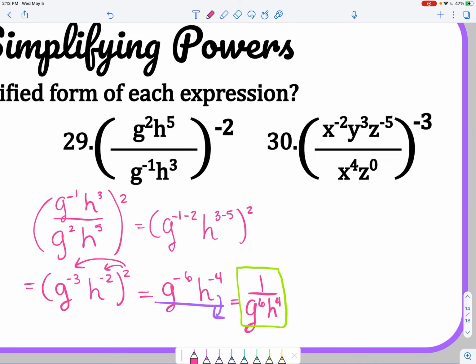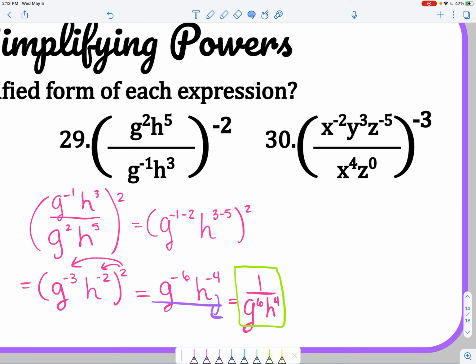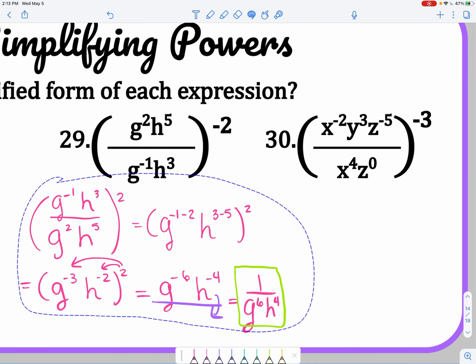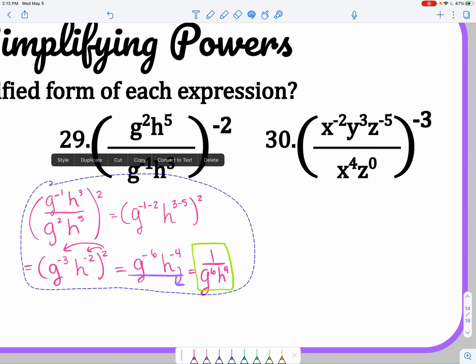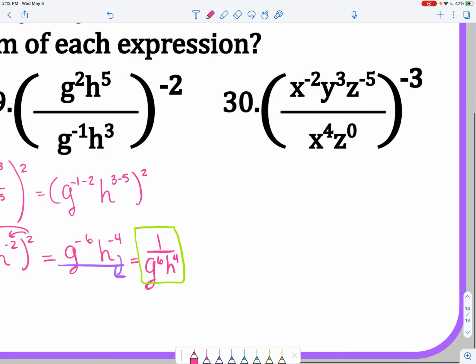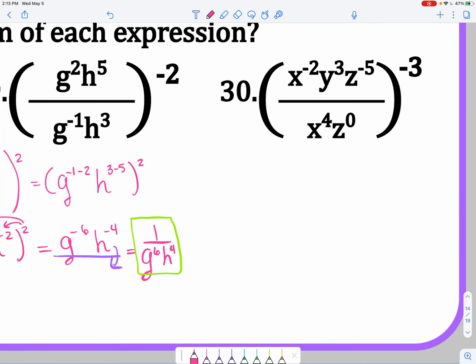And number 30, and I may have to shrink 29 a teeny bit just so I've got enough space to work it all out. I can always add a page if I don't have the space, but I'm going to try. I'm going to flip everything first, so this ends up being my numerator. This all ends up being my denominator.